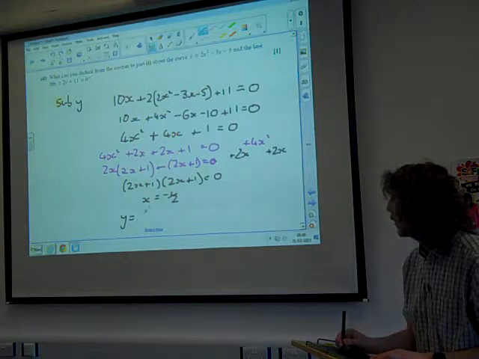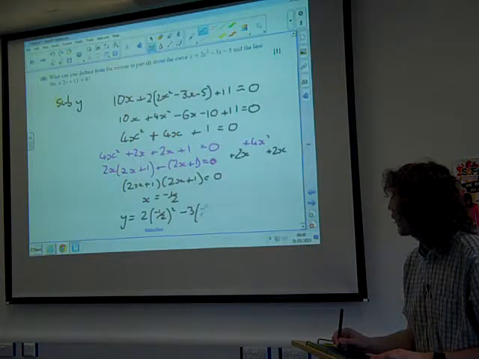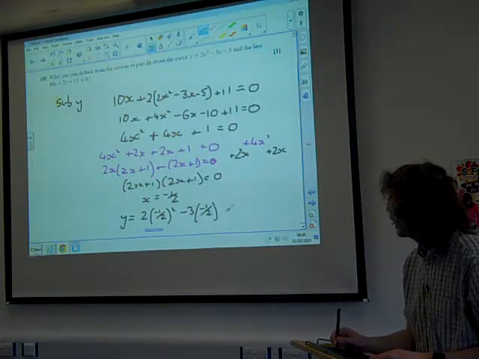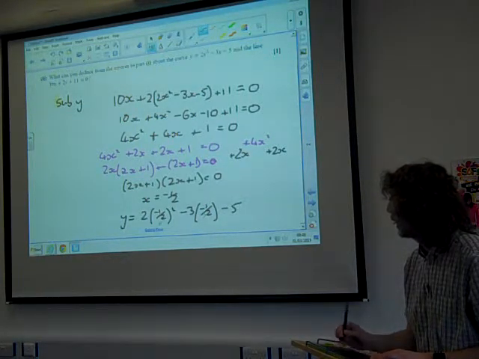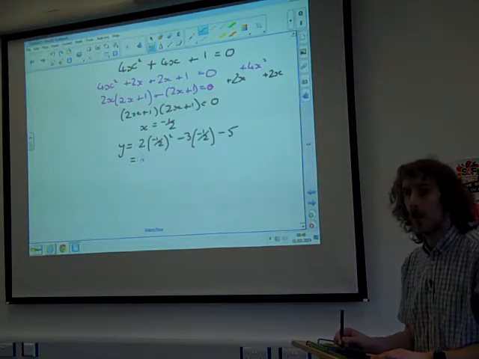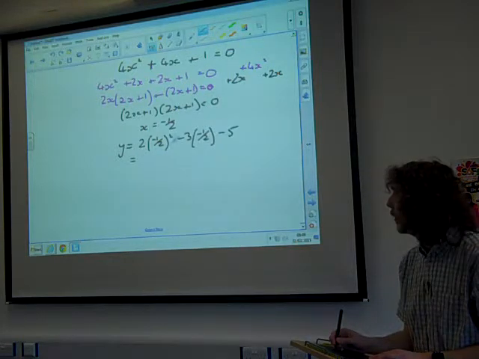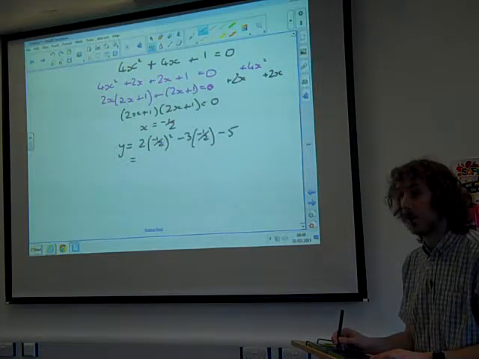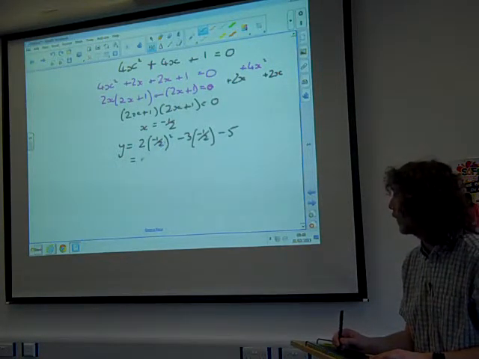y equals 2 times minus a half squared, minus 3 times minus a half, minus 5. And that gives us 2 times a quarter, since minus a half squared would be plus a quarter.